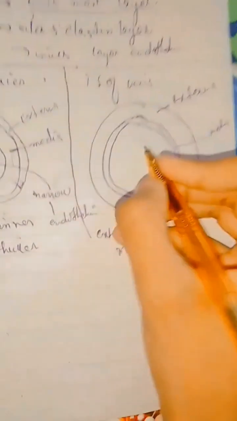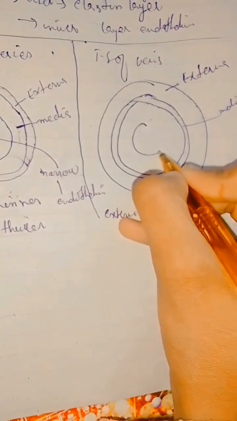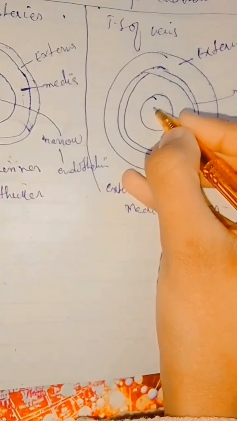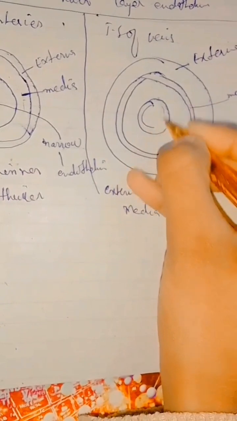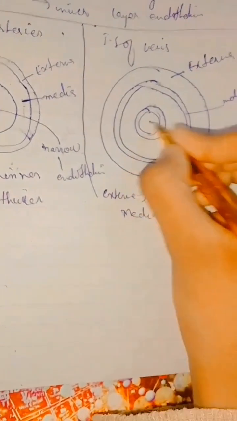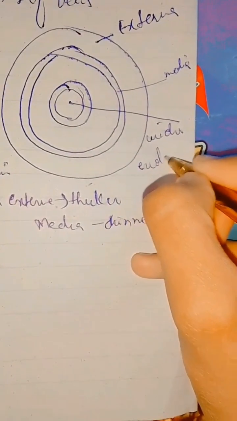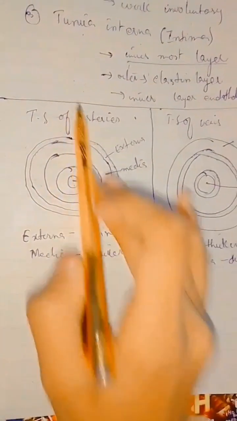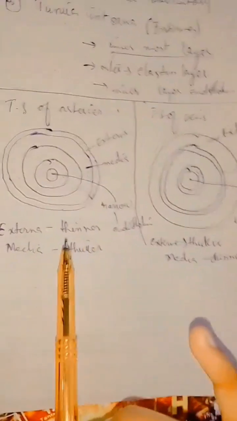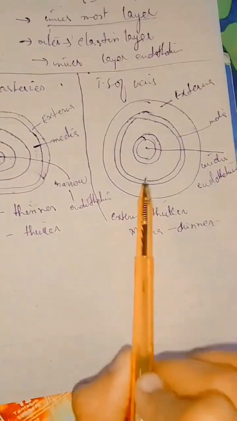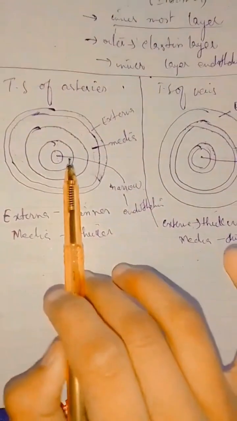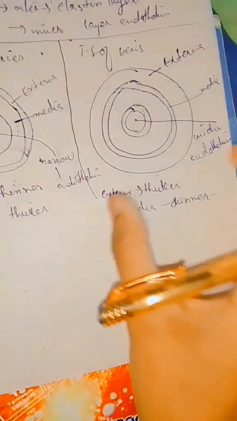The endothelium layer in arteries is narrower, and here in veins it is wider. That is the difference between veins and arteries. The tunica externa is thinner here, thicker here. The tunica media is thicker here, thinner here. Now the endothelium layer is narrower here, and wider here.